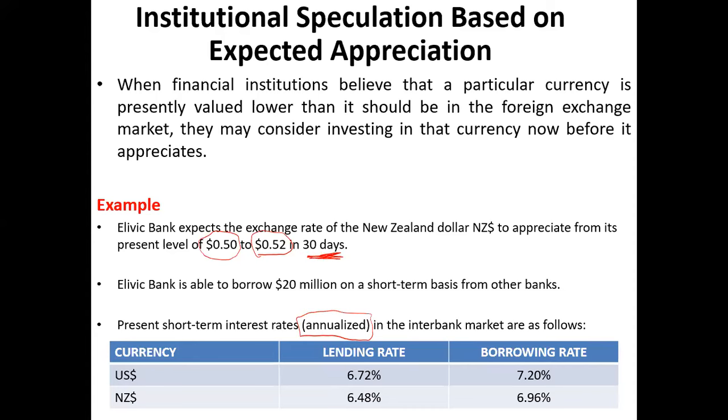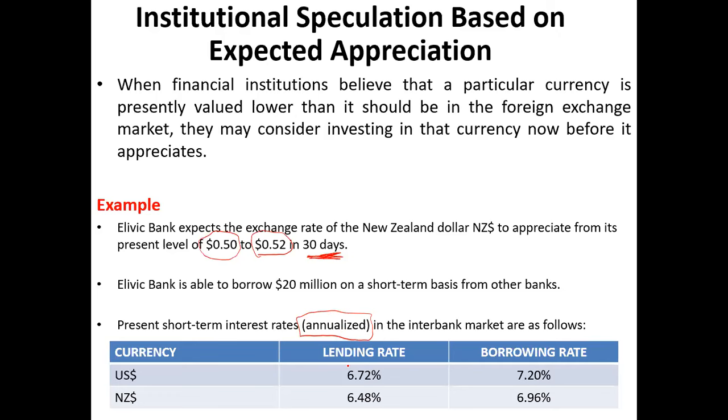So if you want to take advantage of that, our borrowing and lending must also occur within 30 days. Now, in the question, you must be careful because sometimes the borrowing and lending rates are given for 30 days. That one you will not convert, okay? When the borrowing and lending rates are given for 30 days, there is no conversion.